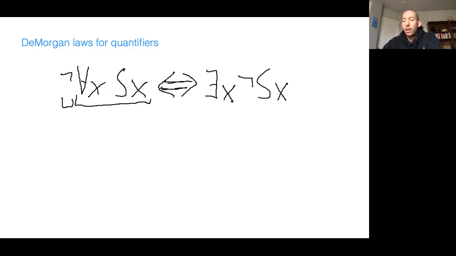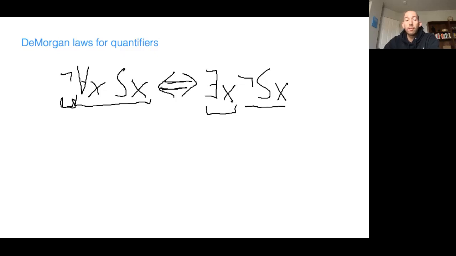To say that not everything satisfies some condition is to say there is something that fails to satisfy that condition. For example, it's not the case that everything is small is equivalent to saying there is at least one object such that it is not small.